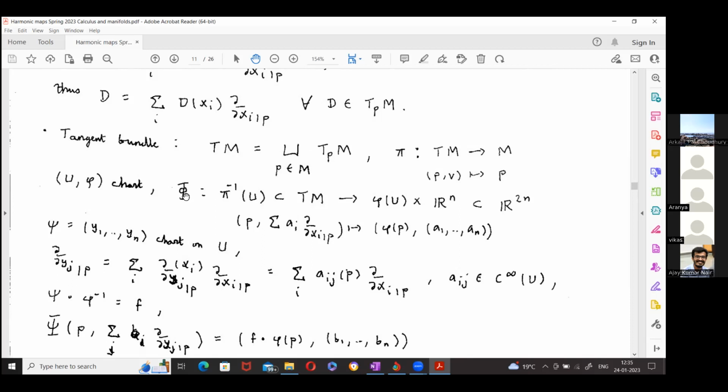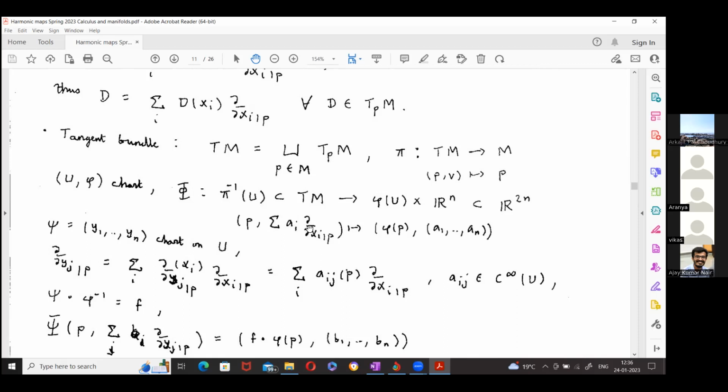It will go from pi inverse of U, a subset of TM, meaning all tangent vectors whose projection lies in U, so tangent vectors based at points P in U. Since phi is a chart on U, the ∂/∂xi at P form a basis for TPM, so any tangent vector I can write as the summation of ai ∂/∂xi at P. These will be pairs of the form (P, summation ai ∂/∂xi at P), where P belongs to U.